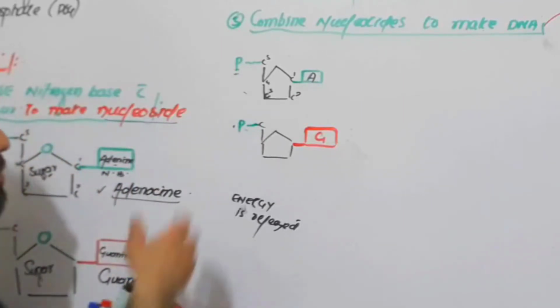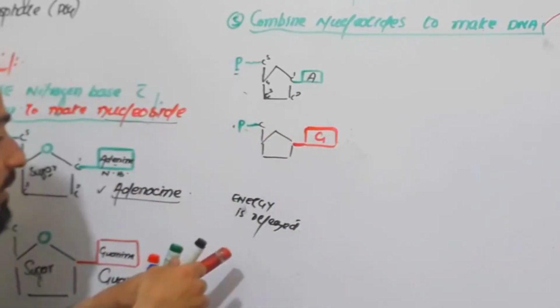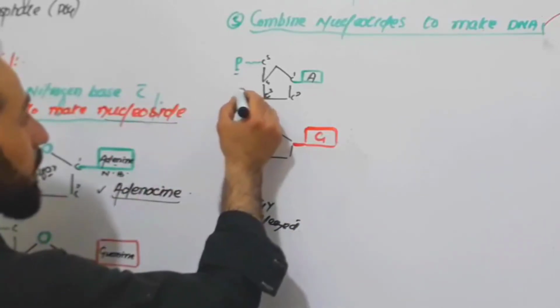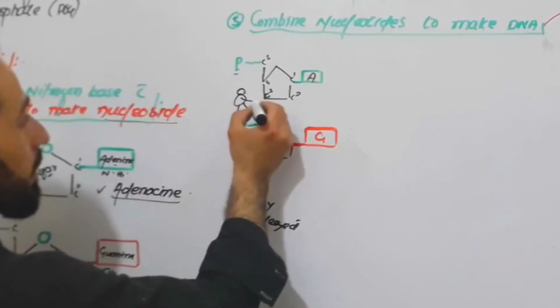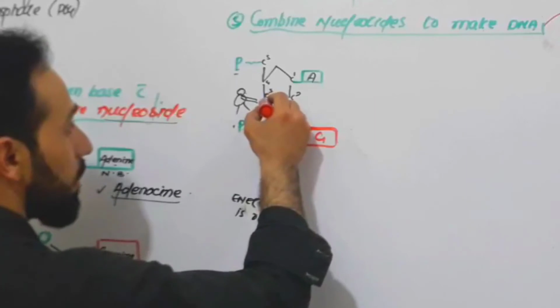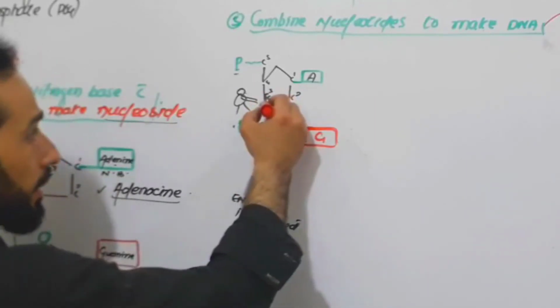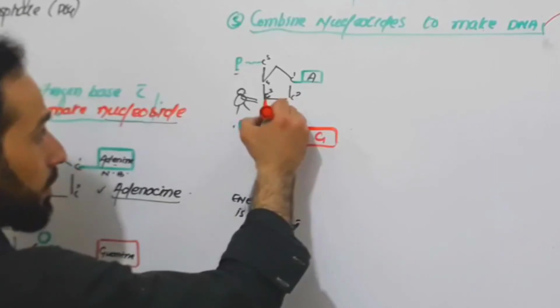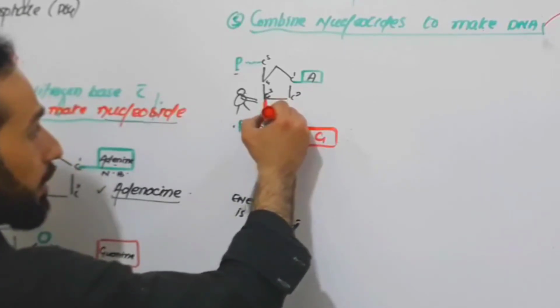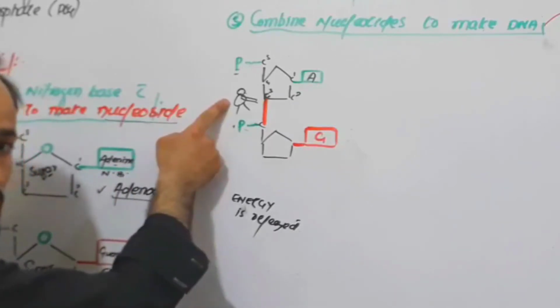And those phosphates which were gone released energy, and that energy was utilized by this enzyme, right? And this enzyme quickly made the bond between carbon number 3 of that upper nucleotide and carbon number 5 of this lower nucleotide, right? So here a bond is established by this enzyme, right?